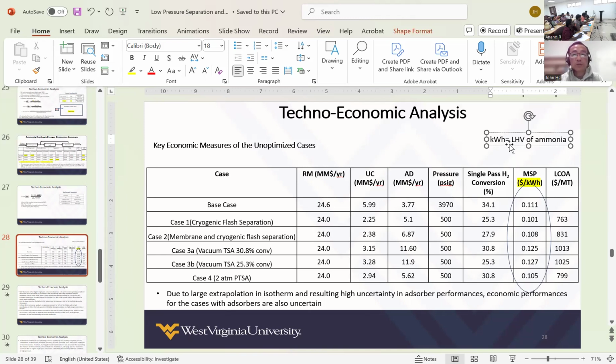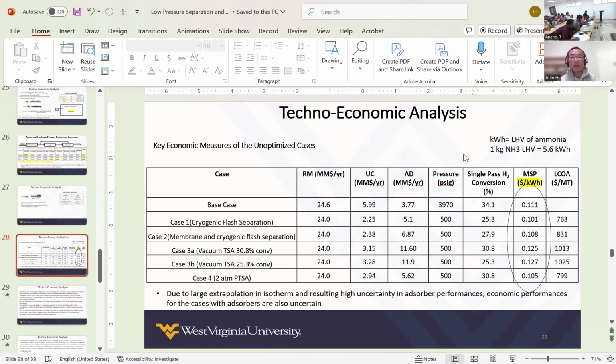Okay, so how do you understand the kilowatt hour? 1 kg ammonia, LHV equals 5.6 kWh. Makes sense now, is that right?